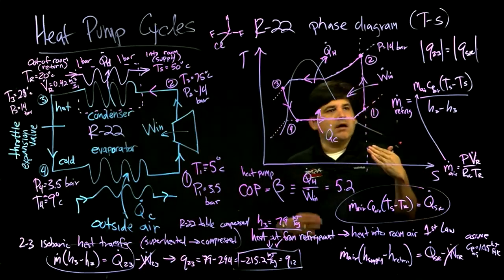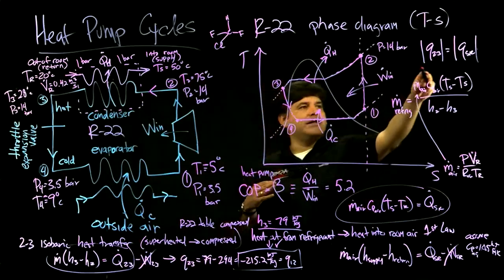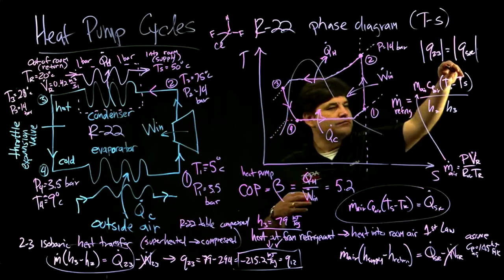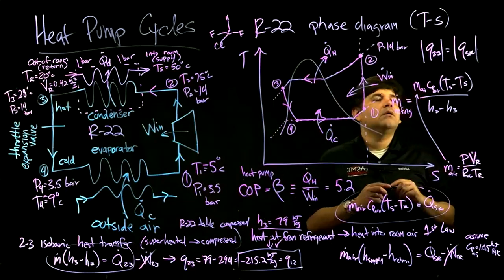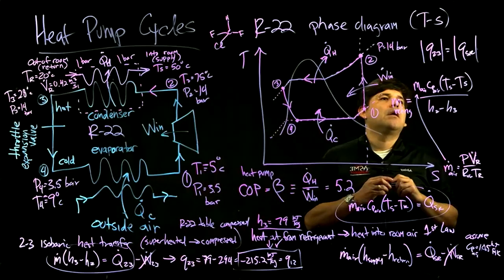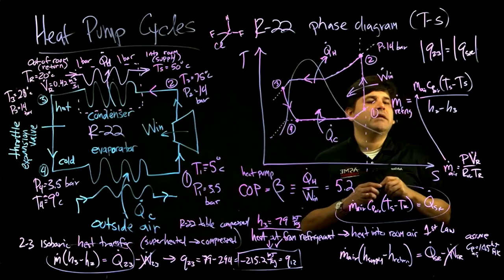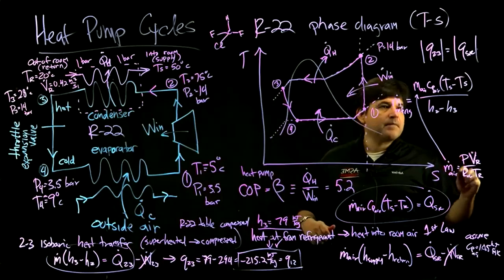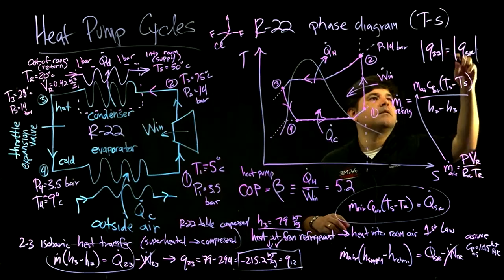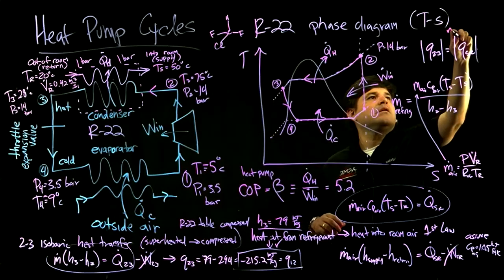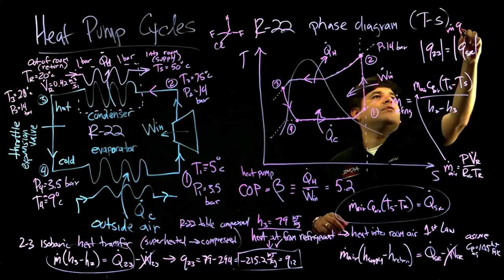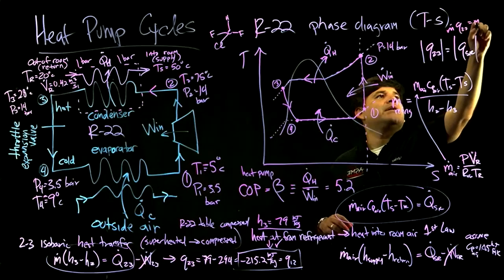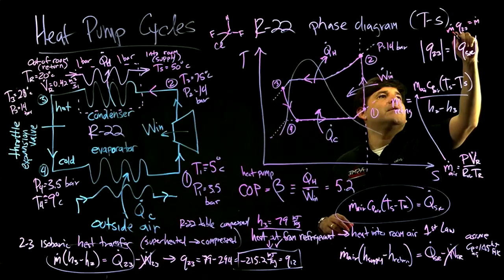Because a cool way to think about it is, because we knew the total flow rate, another way of saying this is that here the mass flow rate of Q23 equals the mass flow rate of the refrigerant.